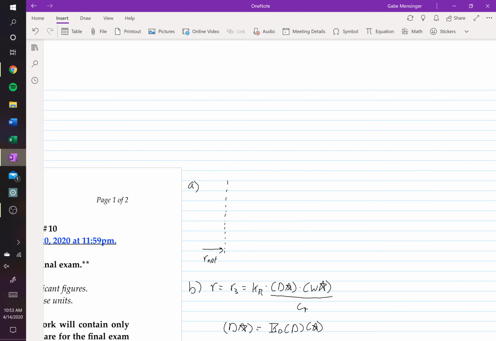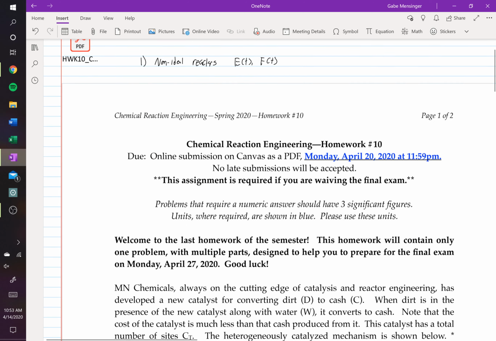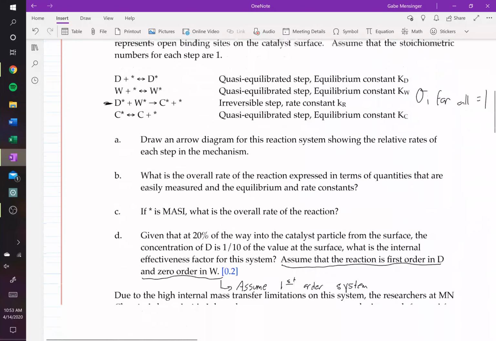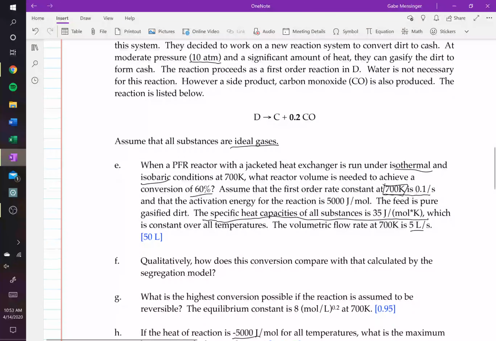Outside of that, there will almost certainly be a mechanism. There will almost certainly be some kind of non-isothermal problem on there. It's good to remember those.